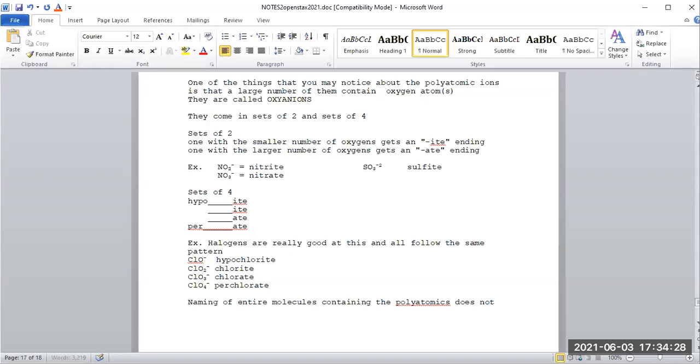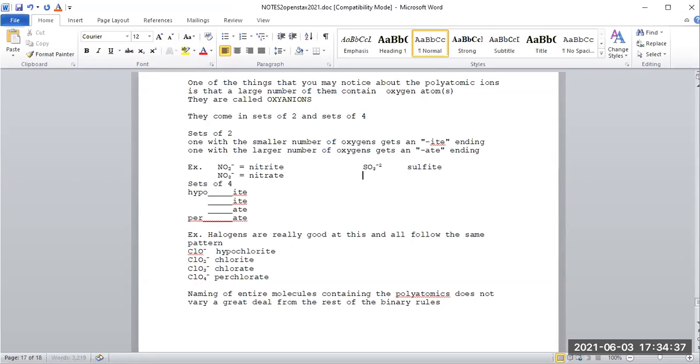And SO4, oops, I went too far across the page there. I kind of hosed the negative sign there.